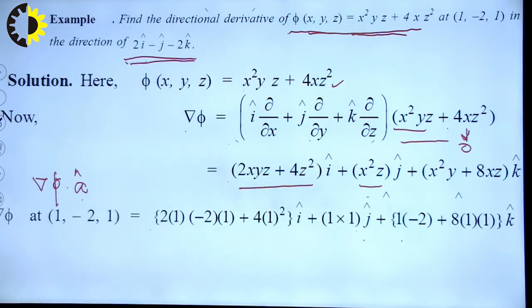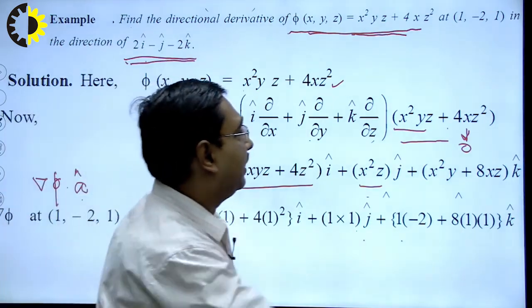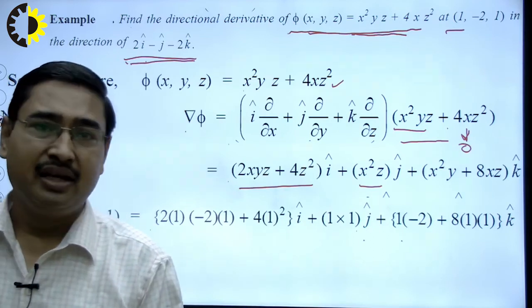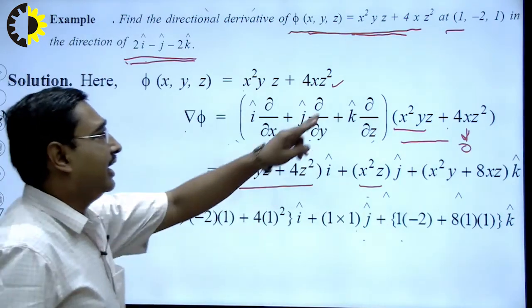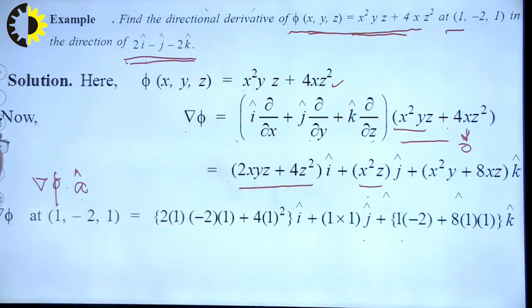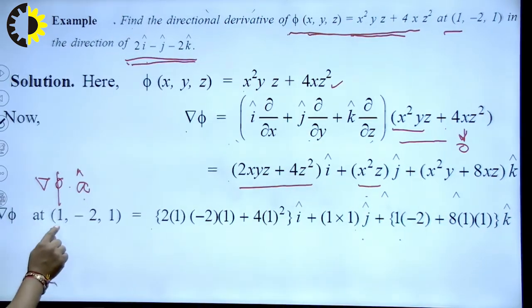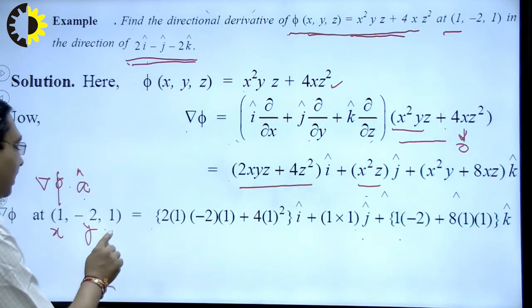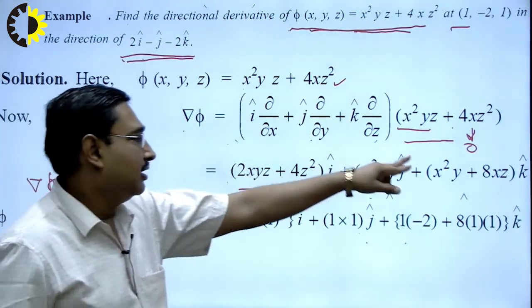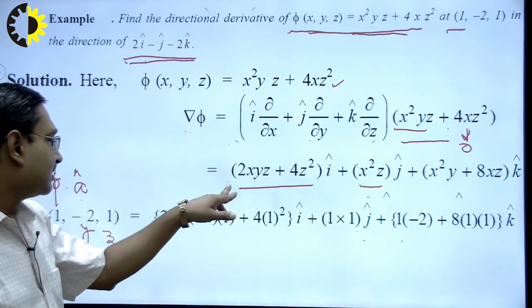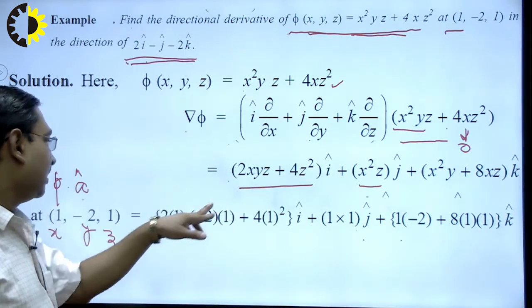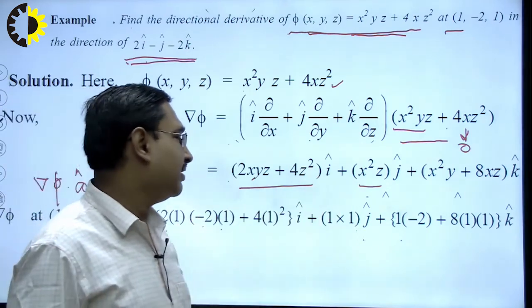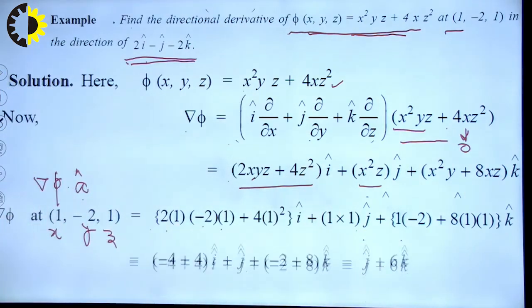The value of grad phi will be calculated at this point, because we are interested in finding the directional derivative at this point, and therefore I substitute x equals 1, y equals minus 2 and z equals 1 in this expression, and simplifications will be performed.